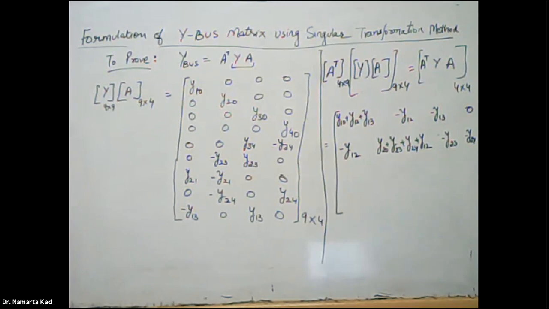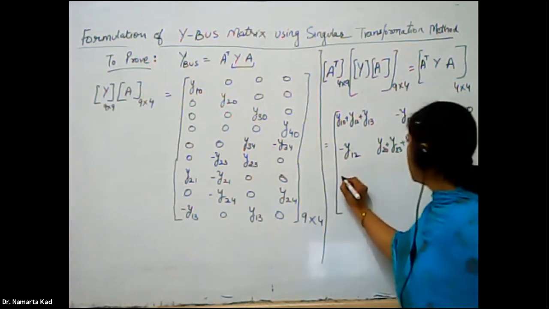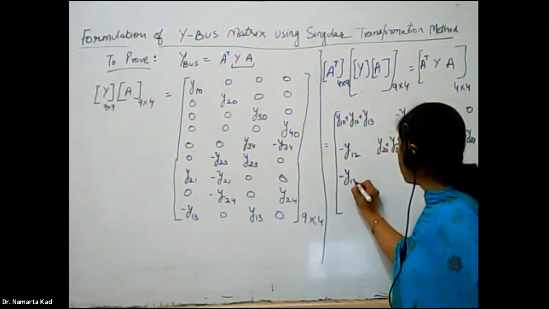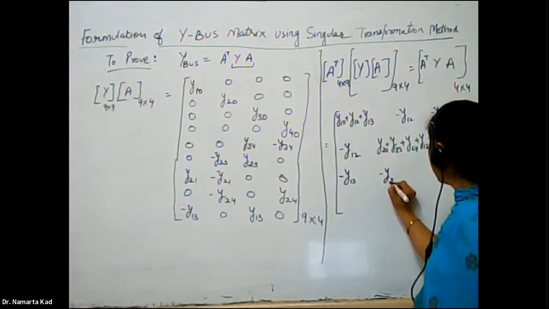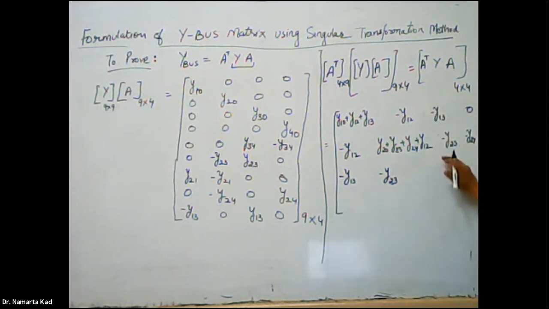In the next row it comes out to be minus y13, here minus y23. And for the third entry, it comes out to be y3 0 plus y1 3 plus y2 3 plus y3 4.